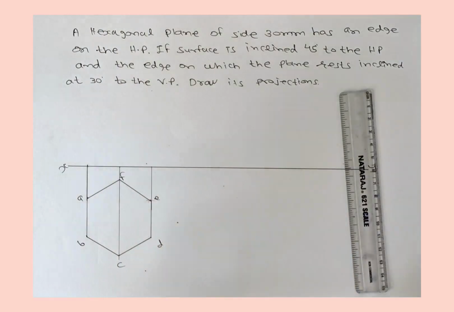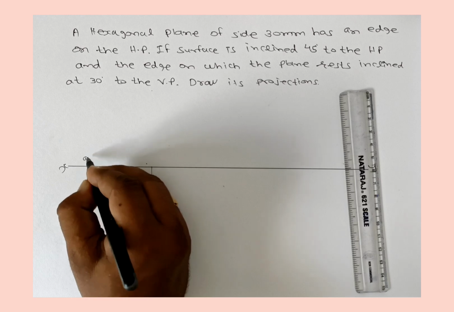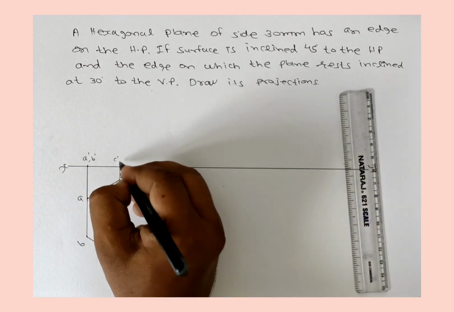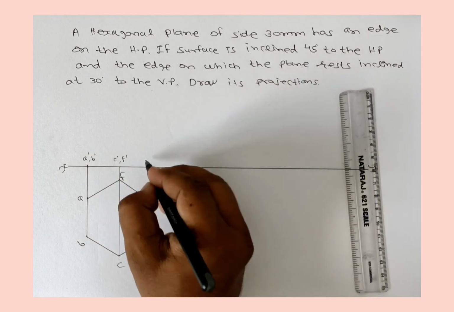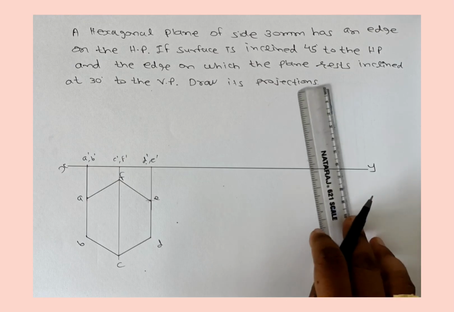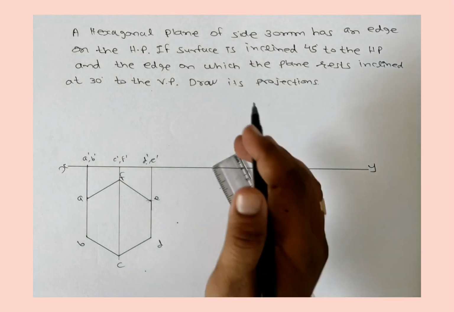So these are the projection. Here we can write down A dash, B dash, C dash, F dash, D dash, E dash.